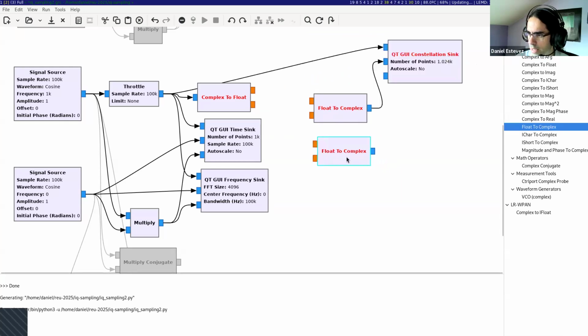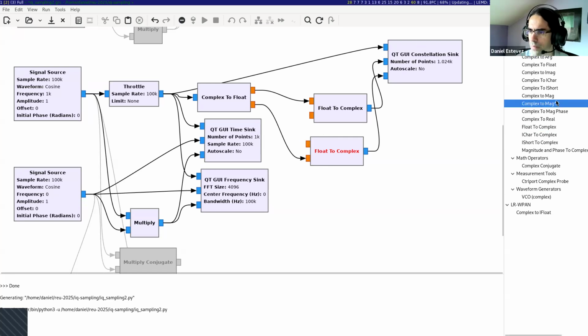I'm going to connect them like this. So the real part will go to the real part, and we will put zeros in the imaginary part. The imaginary part will go to the imaginary part of these different input, and we are going to put zeros in the real part. So that is the way of plotting just the real part, just the imaginary part.